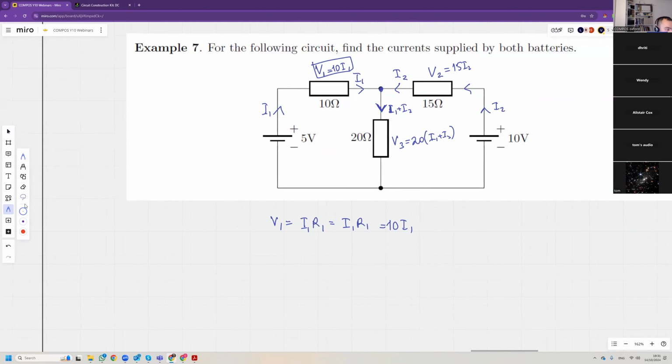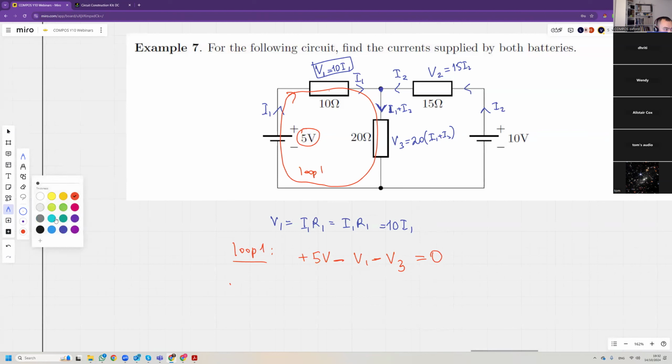Now let's go around the circuit. Let's take loop 1. We don't need to take all 3 loops. So it's going to be plus 5 volts, that's the voltage here, minus V1, the voltage here, minus V3, the voltage here, and that must equal 0.